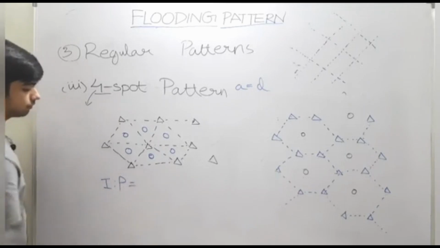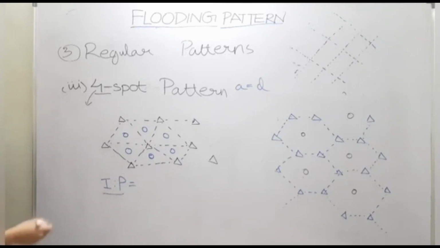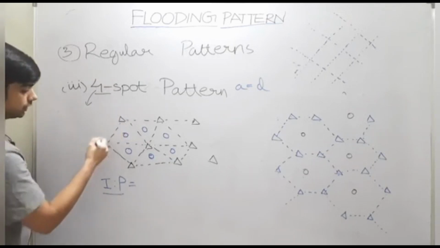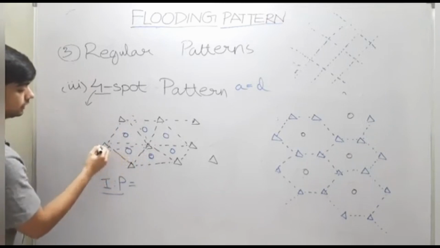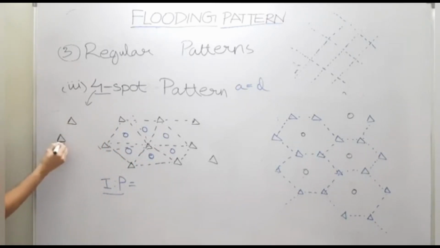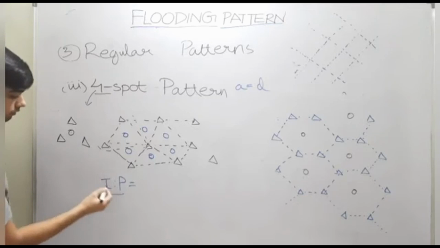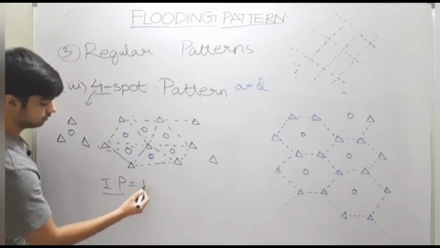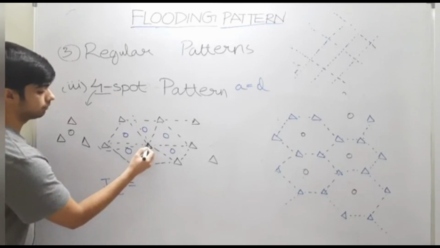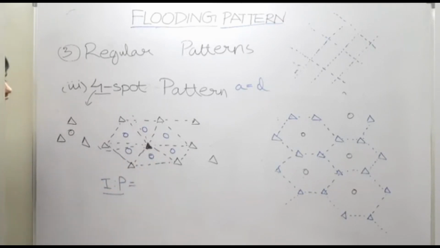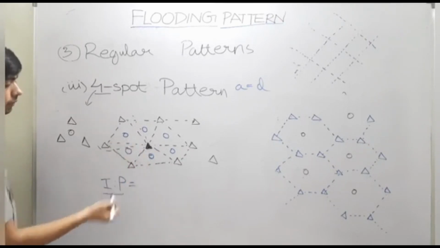So whenever you are given a question like this, first of all, take one unit out. So we'll take this case in which there are 3 injector wells with one producer well in between, and we'll take any of the injector wells and you have to see how many wells this injector well is filling up.